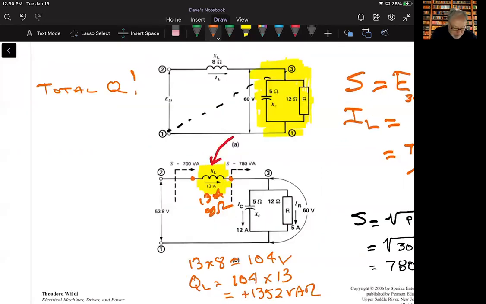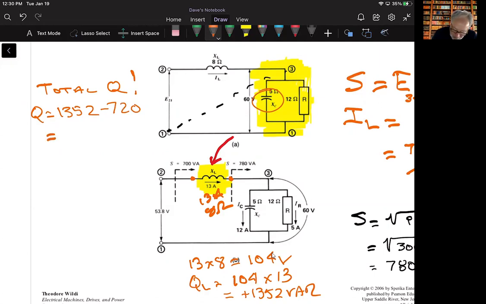If I'm trying to now determine what the total reactive power is, I could go back to my original calculation, and I think I've erased that though for the capacitor. But because now we have finished discussing the entire circuit, all the components, the total Q is going to be 1352 minus the 720 that we determined for this capacitive element.